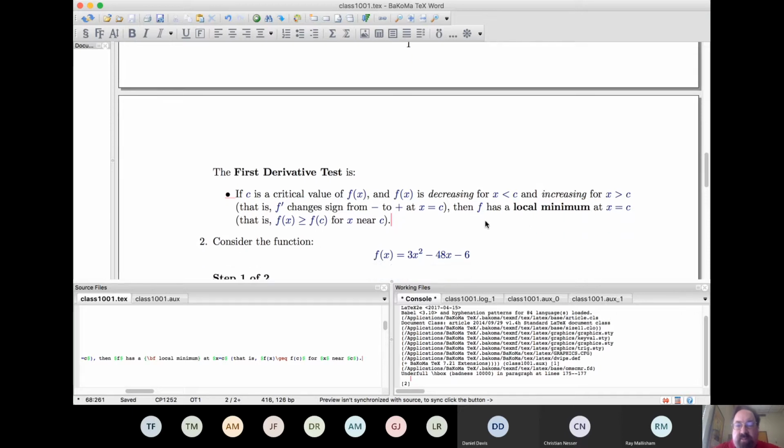But here we're just looking at what happens nearby. Okay, so the derivative changes sign from minus to plus. That means it's decreasing, then increasing. That's a minimum.